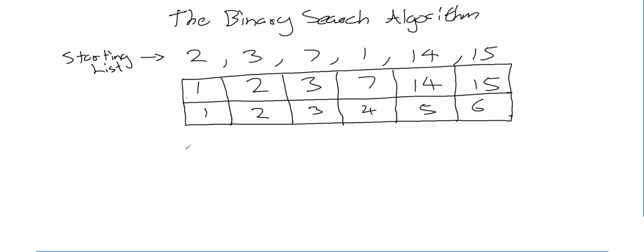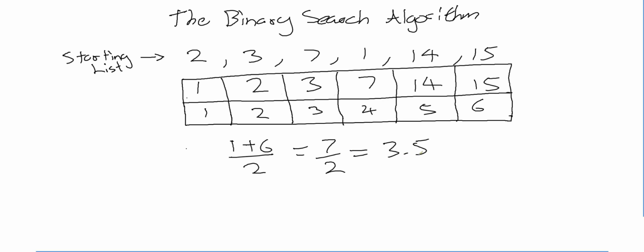And this allows us to do the first part of the binary search algorithm. We look at the first index, which is going to be 1 in this case, and look at the last index, which is 6. We add them together, so 1 plus 6, and divide by 2. That gives us 7 divided by 2, or 3.5.